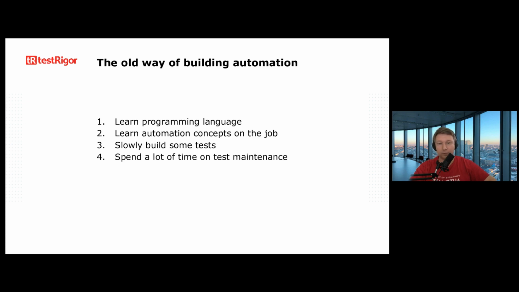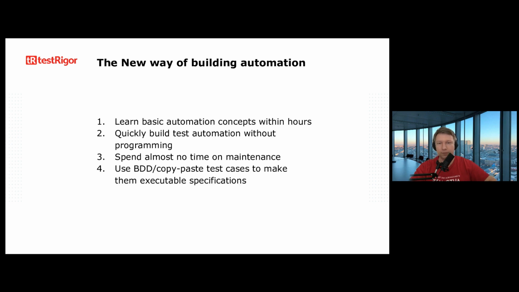So the current way, not a modern anymore, but the traditional way of building tests is that people learn a programming language, and then they learn automation concepts on the job, slowly build tests, and then just drown in maintenance. And we believe that the new way is a little bit the other way around.